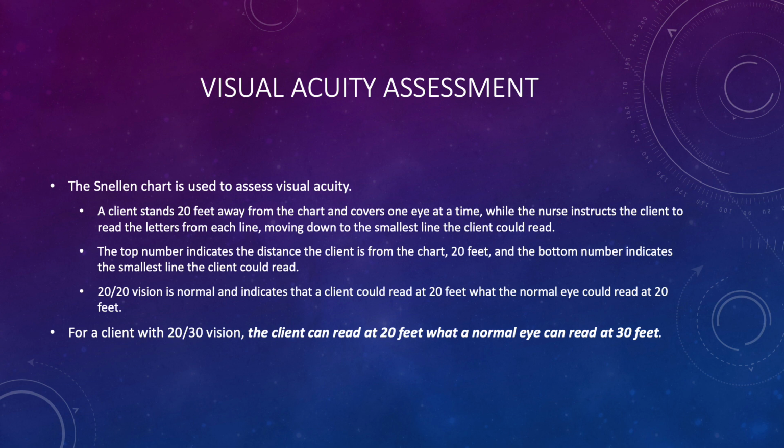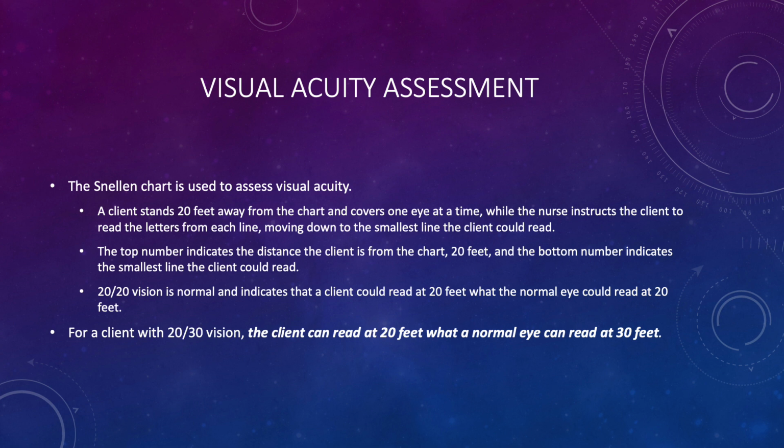What's important about this is that as you go down the line, your ability to have better vision is going to be dictated by those smaller numbers, right? So when we say that a person has 20/30 vision specifically, that means that the patient is able to read at 20 feet what a normal eye can read at 30 feet, okay?